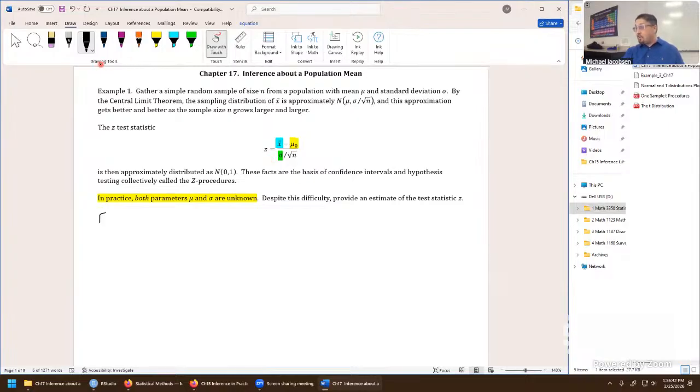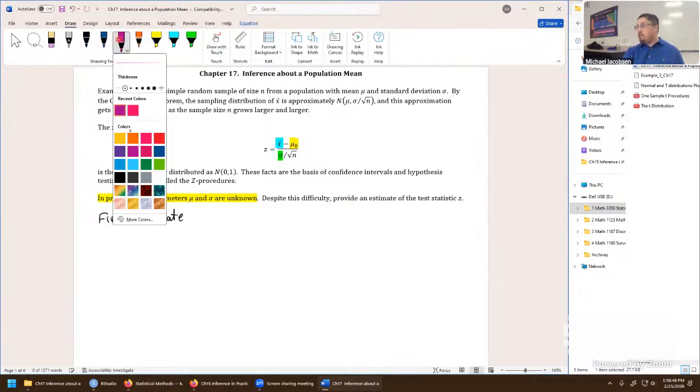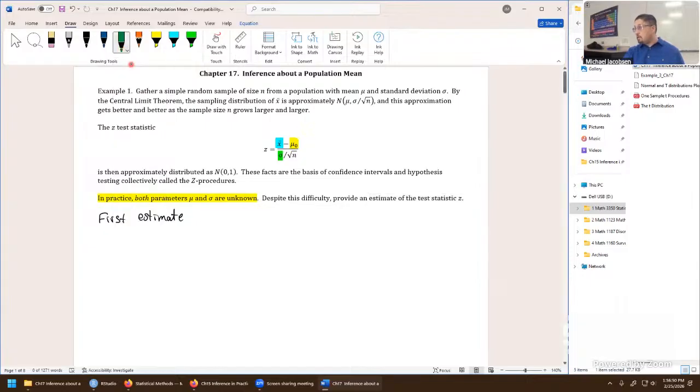So we'll say here, first, estimate sigma. It'll be approximately equal to S, which is the sample's standard deviation.